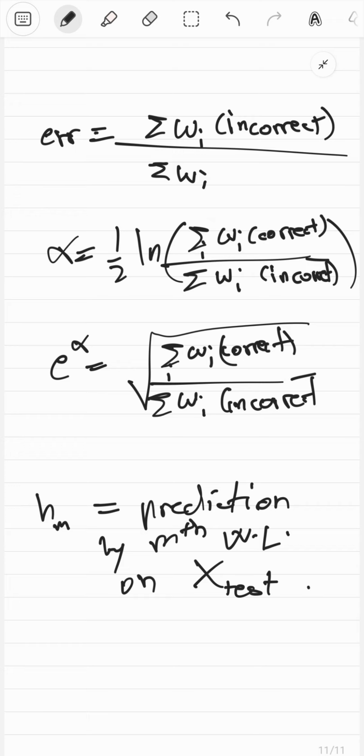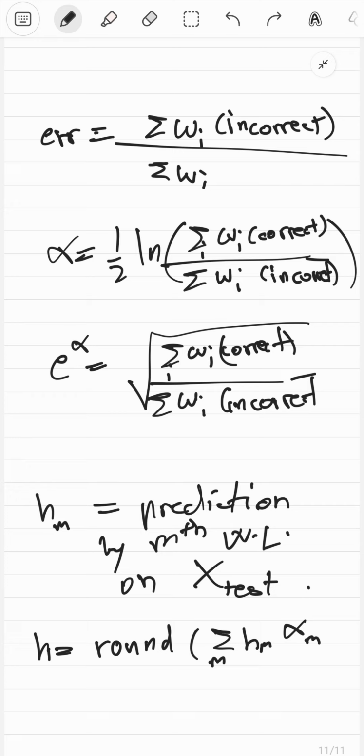Then we can just calculate this quantity: H is the round of the summation over m of Hm times alpha m, right? So we weight the predictions based on the correct to incorrect ratio, and obviously the natural log of that and all that stuff, but you get it, right? It's essentially just that. And so that's how we figure out the final prediction.